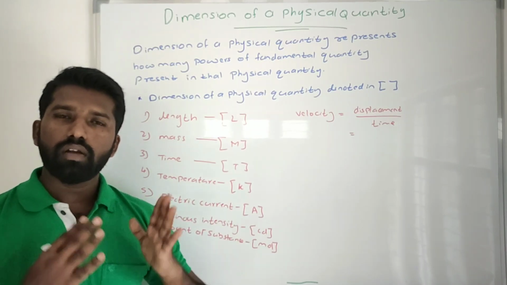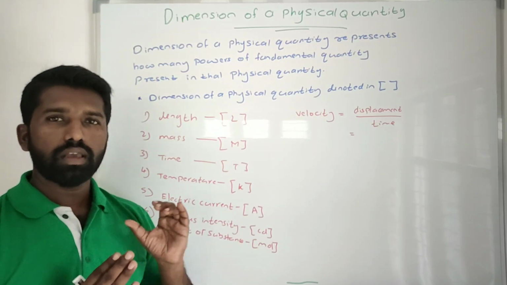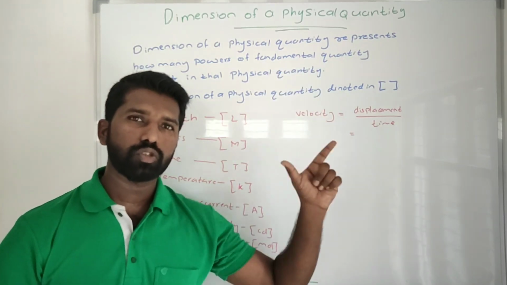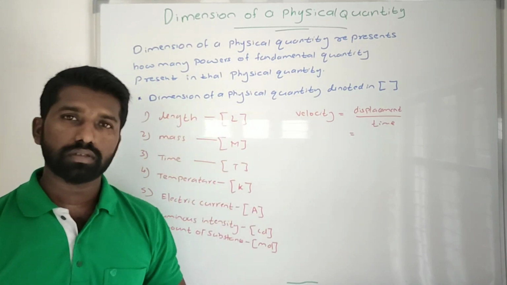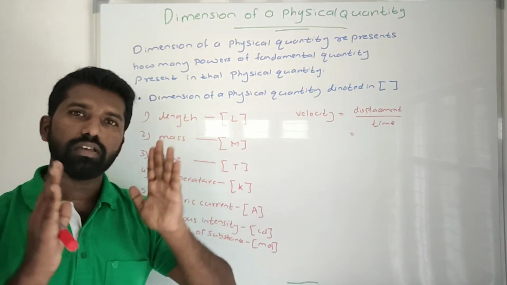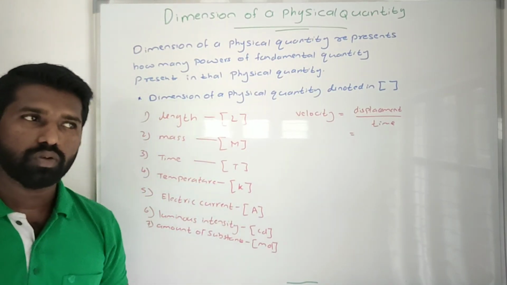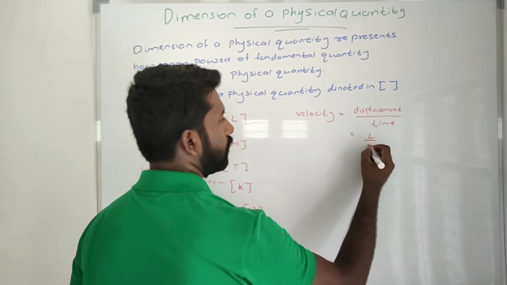Since always saying length could be confusing, a separate name is given for that shortest distance, which is displacement. So the base quantity is length, and we can give it the symbol L, and the symbol for time is T.